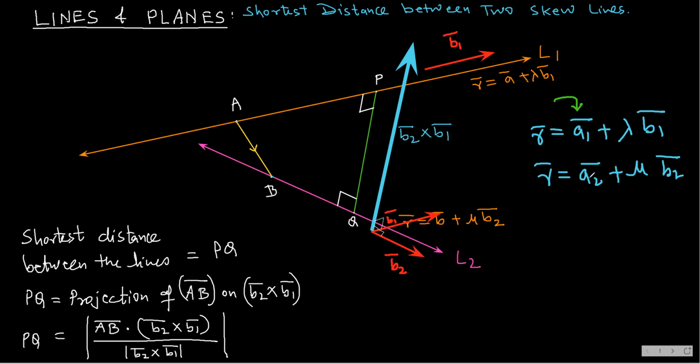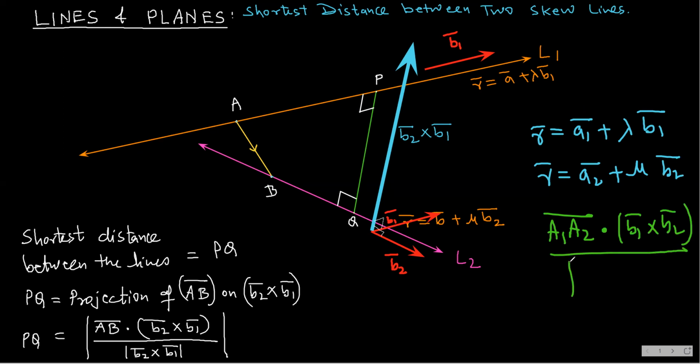So if this is point A1 and this is A2, it will become A1A2 bar, like you have here AB bar. That will become A1A2 bar dot B1 bar cross B2 bar, or B2 bar cross B1 bar, as I have said so many times, upon mod of B1 bar cross B2 bar. You understand? This is how it is.